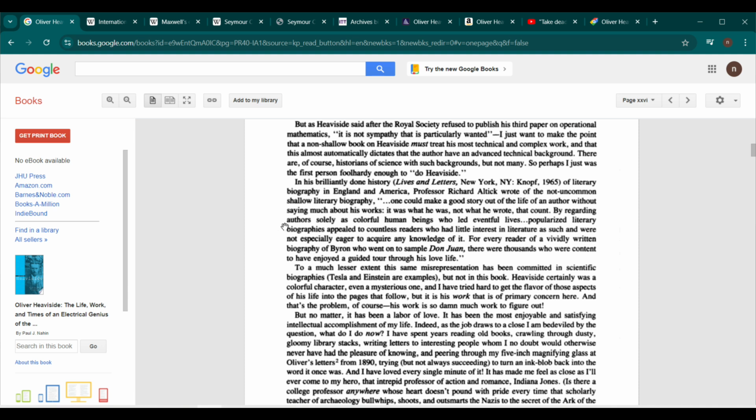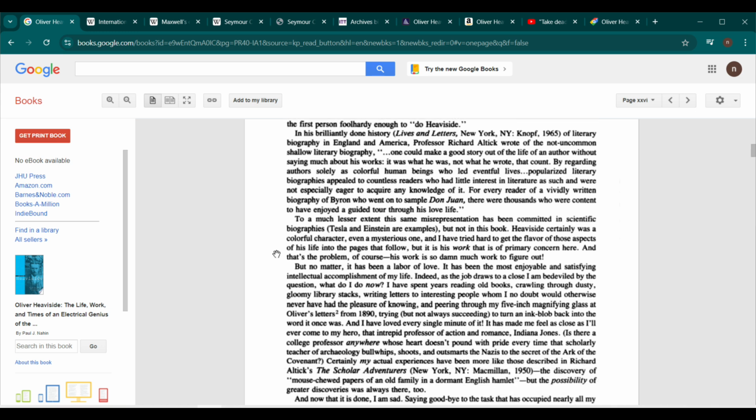By regarding authors solely as colorful human beings who led eventful lives, popularized literary biographies appealed to countless readers who had little interest in literature as such and were not especially eager to acquire any knowledge of it. For every reader of a vividly written biography of Byron who went on to sample Don Juan, there were thousands who were content to have enjoyed a guided tour through his love life.